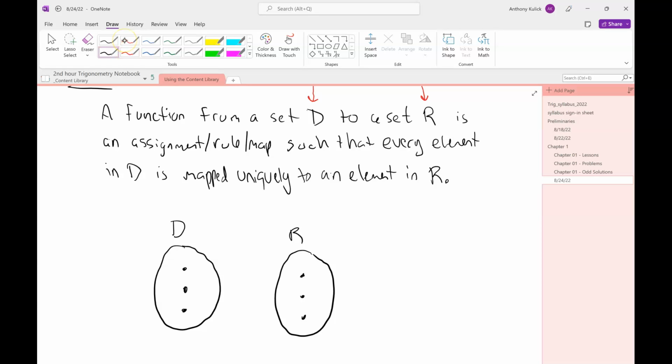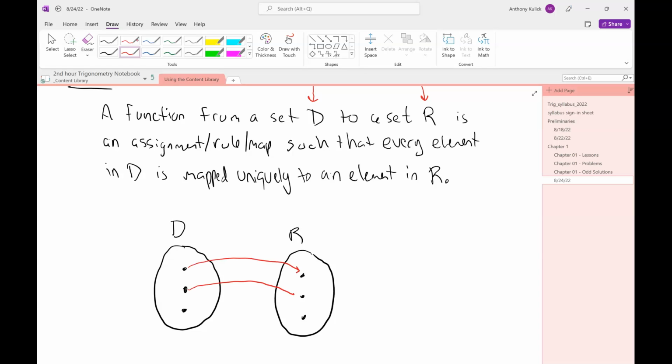What we're looking at here are the sets D and R that I'm just representing visually. So the 3 dots inside of D would represent the 3 elements that are inside of D. And the 3 dots inside of R would represent the 3 elements contained in set R.